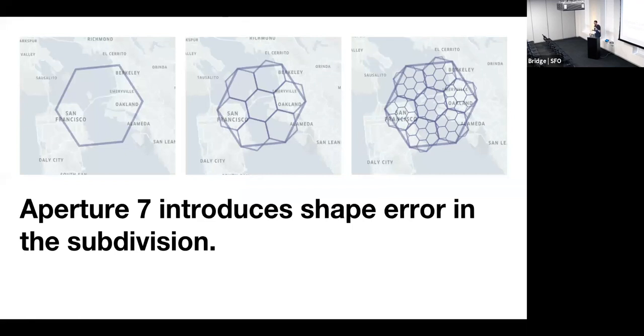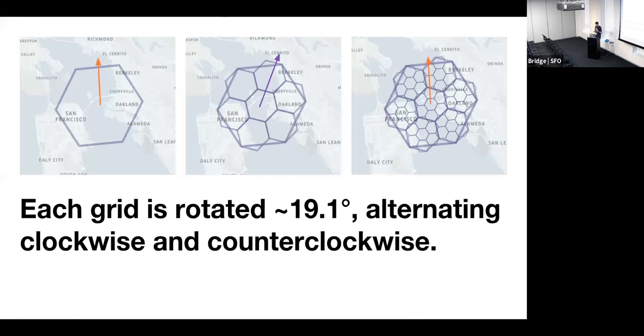And this introduces a fixed amount of shape error at every subdivision in the H3 grid system. Also, what's happening here is that the orientation of the grid system is changing back and forth. So every time it's subdivided, the grid is changing orientation by about 19 degrees, and that changes back and forth at each resolution.